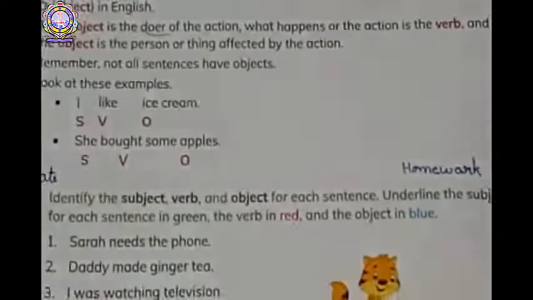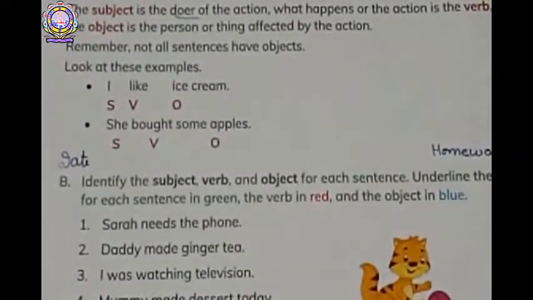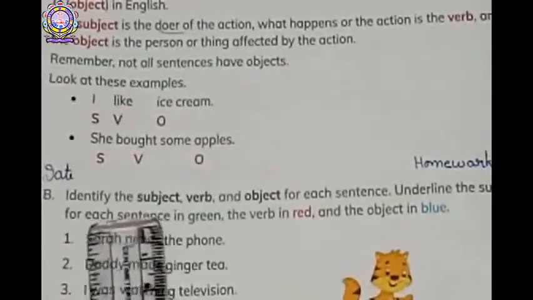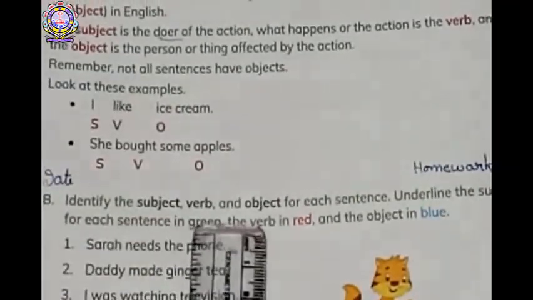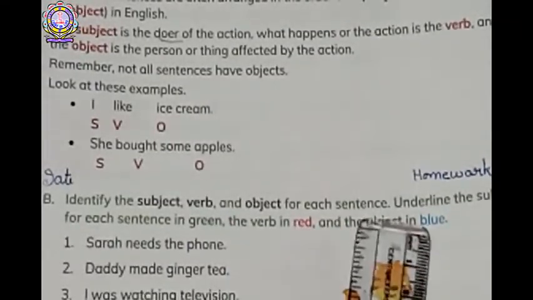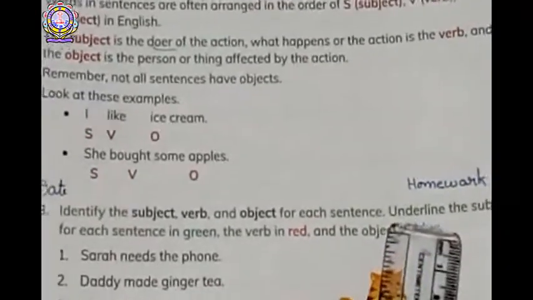I gave you homework. Here, look at this properly. B exercise: identify the subject, verb and object for each sentence. In every sentence, each sentence means every sentence.